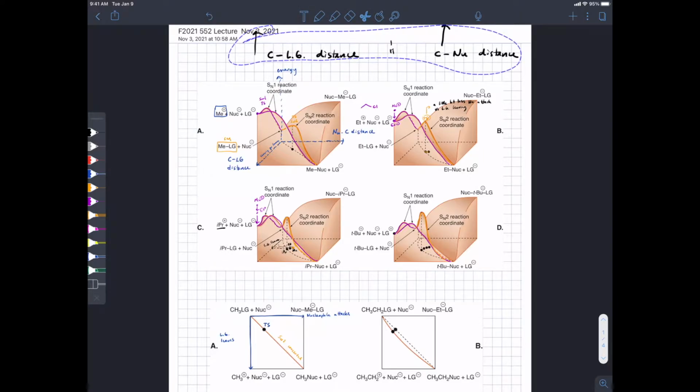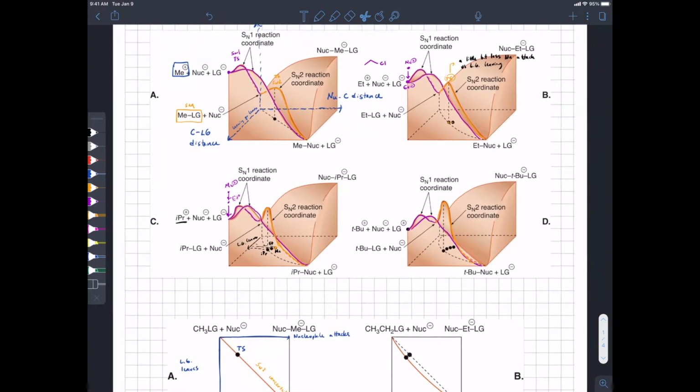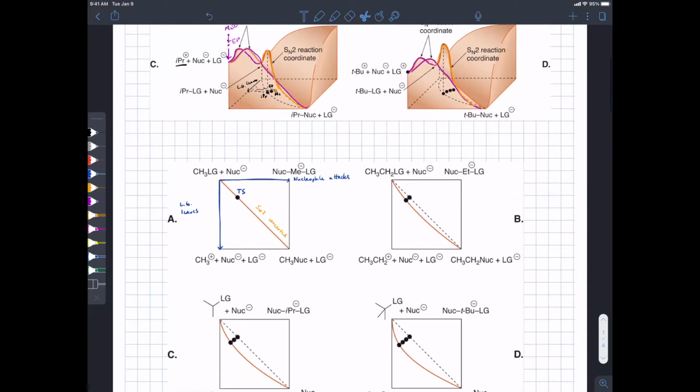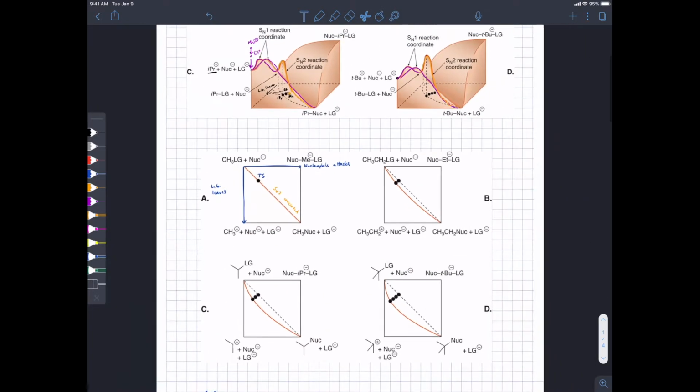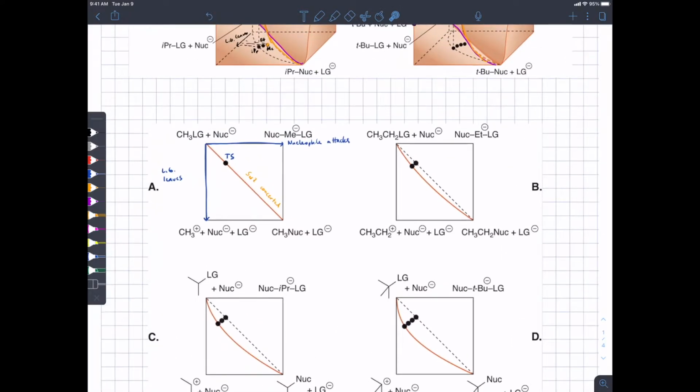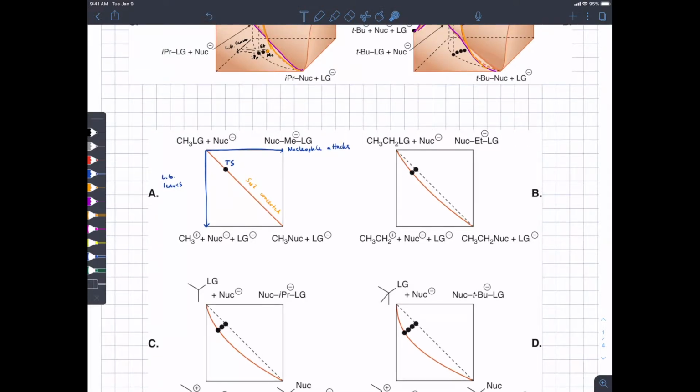All right, so when we were last talking, we were talking about these multi-dimensional potential energy surfaces, and we were taking an overhead view of them, where along this axis we have leaving group leaving, and on this axis, we have nucleophile attacking.